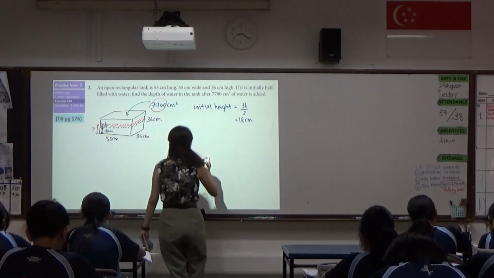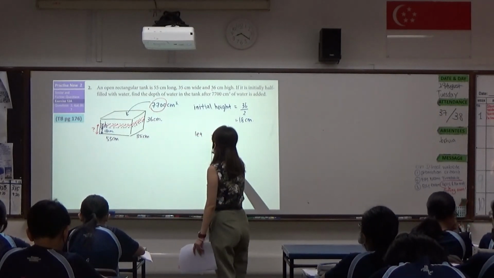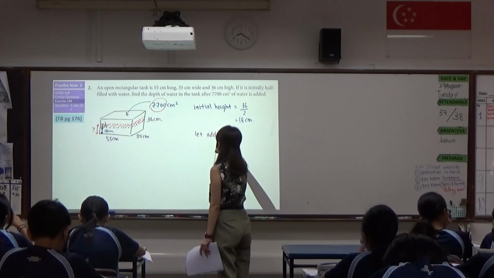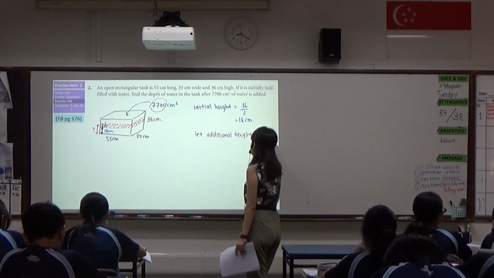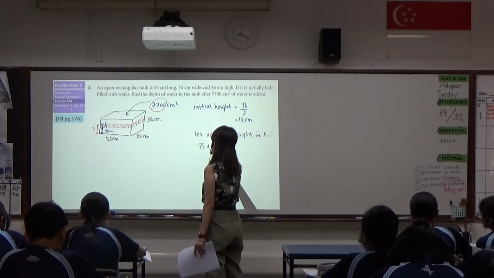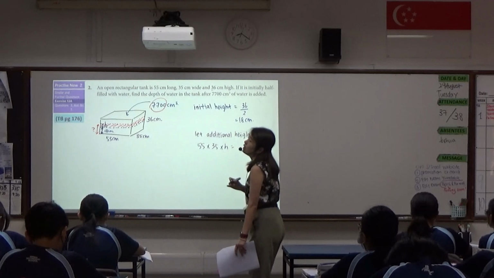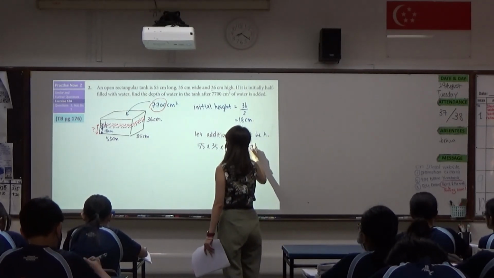I will let the additional height be H. So 55 times 35 times H will give us the volume of the water, 7,700.